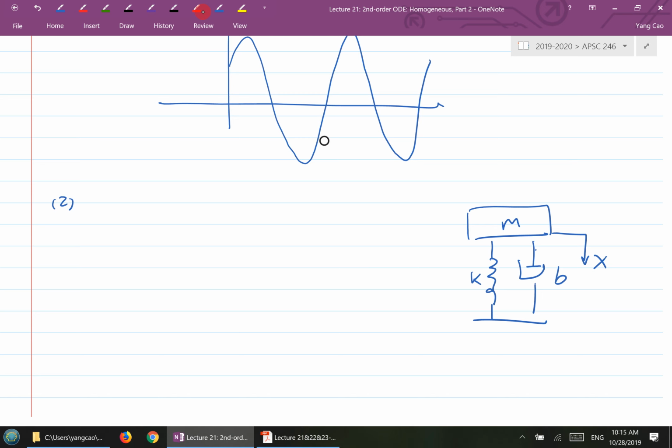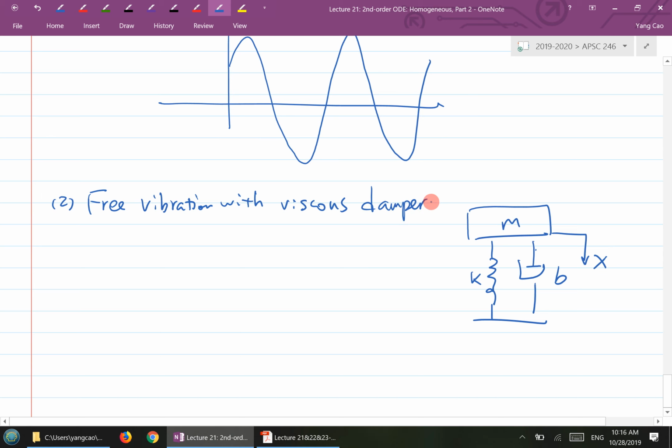So the second one here, let's call this a free vibration with viscous damping, because the damper we consider is a viscous damper. So that's the damper.